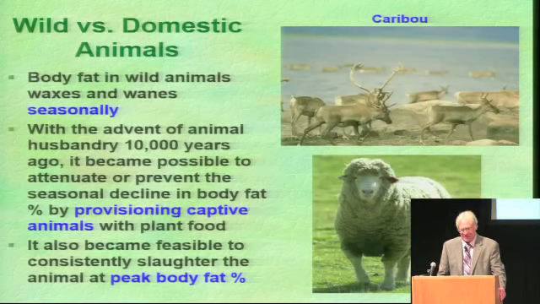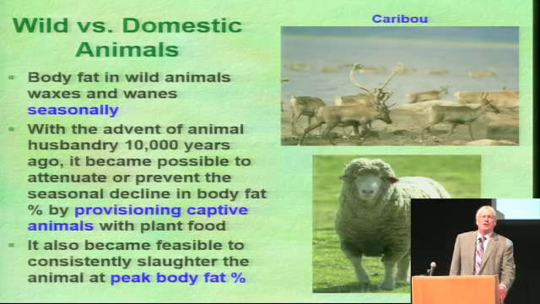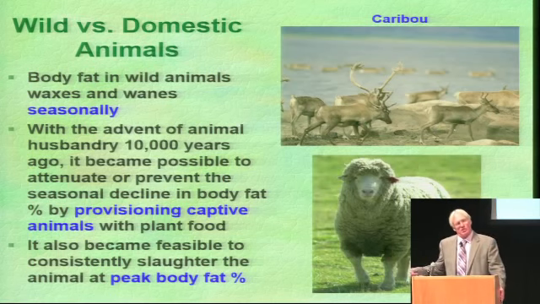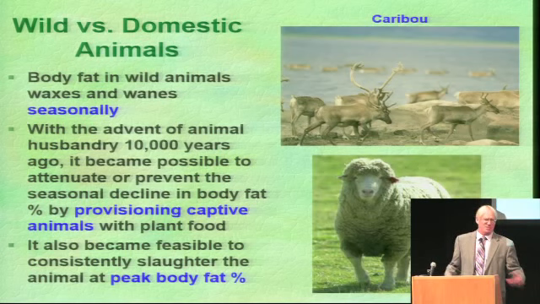In wild animals, the body fat content waxes and wanes seasonally. Yet once we domesticated animals, we could provision them with food, and we weren't stupid. We slaughtered them when they were at peak fat content because we could do that. We're at the mercy of wild animals. Whatever fat they have is the fat they have.